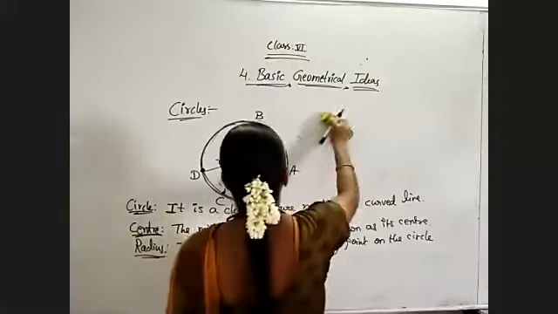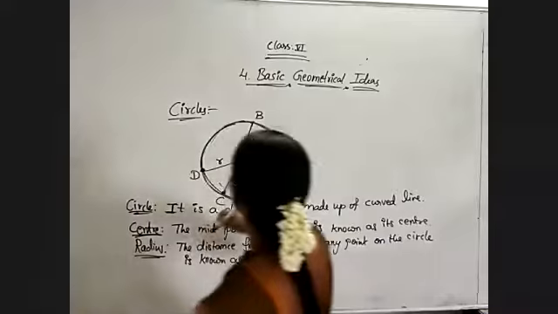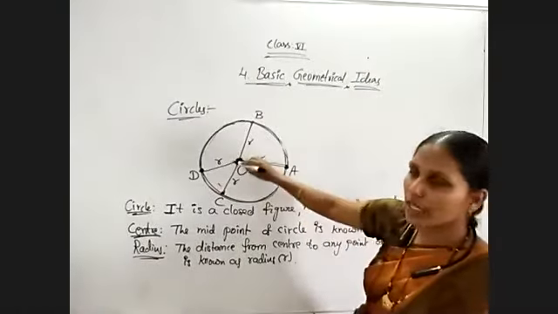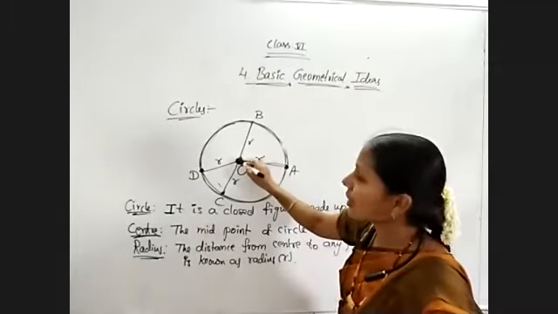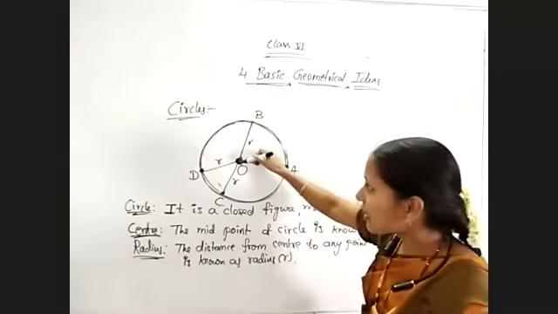First of all, whatever we have discussed, observe: a circle is nothing but a closed figure made up of a curved line and a fixed point, which we will call the midpoint.